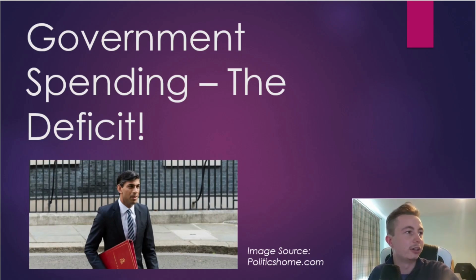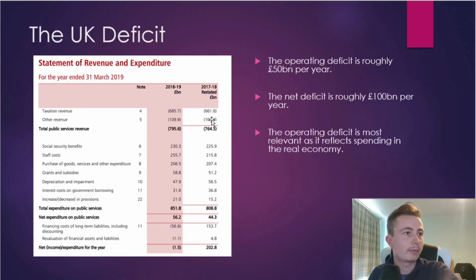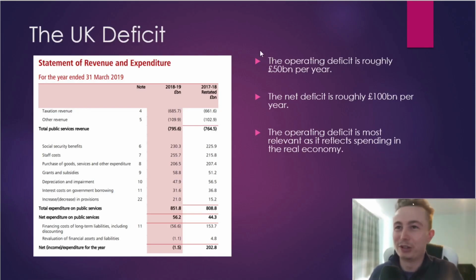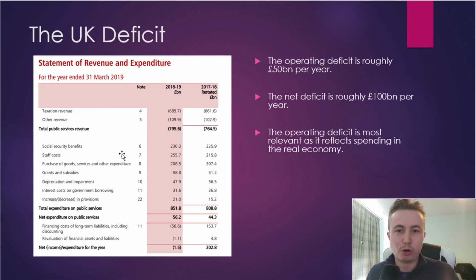Okay guys, let's dive straight into this first slide. We have the UK deficit. Now we've got this image here. What is it? Well, this is an extract from what is called the WGA, which stands for the Whole of Government Accounts.